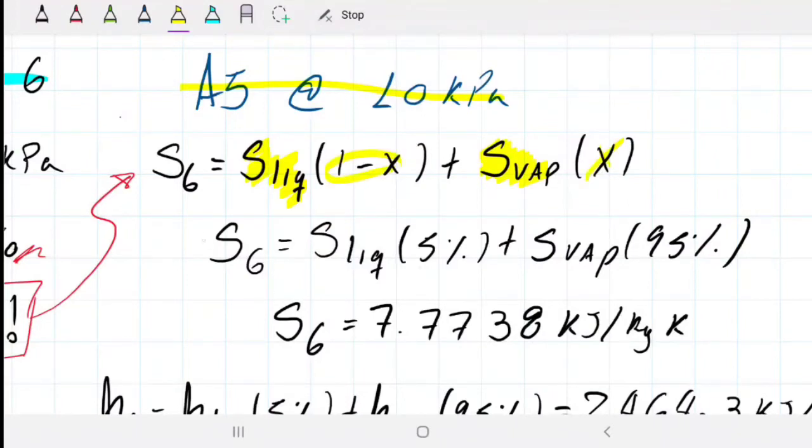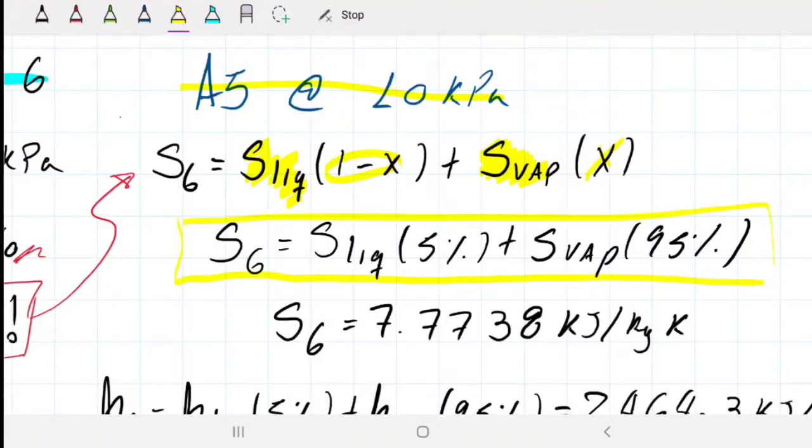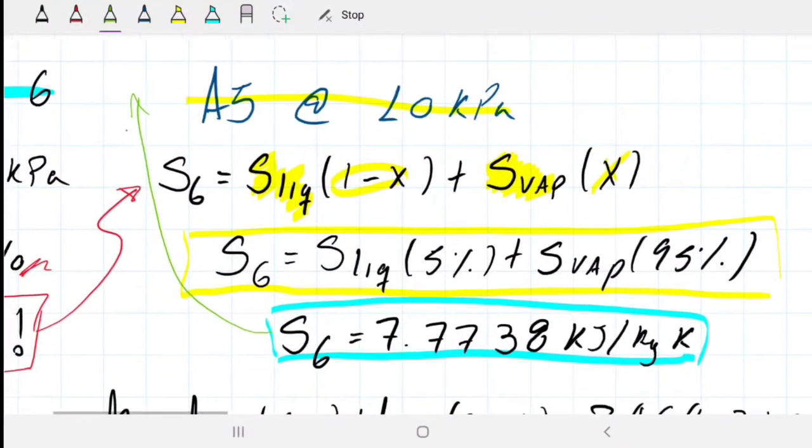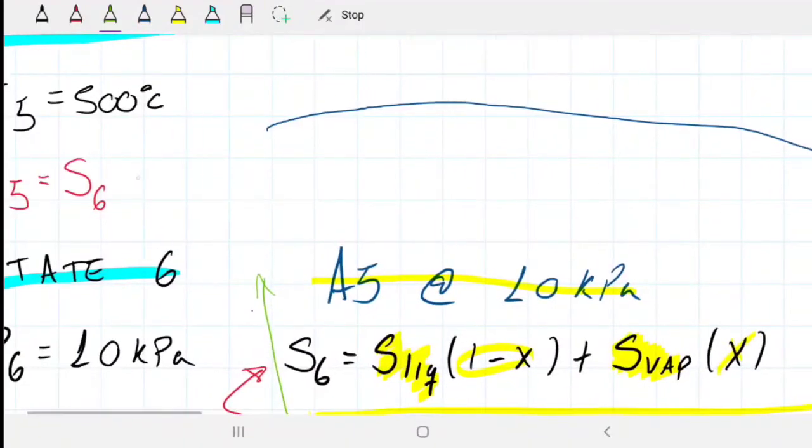So I can rewrite this equation with the values that I can grab from the table, and I can find what is the entropy for state 6. Okay, so once I find this entropy for state 6, this is what I need to be able to solve for my state 5, right? So let's just put that down. So that's going to be 7.7738.